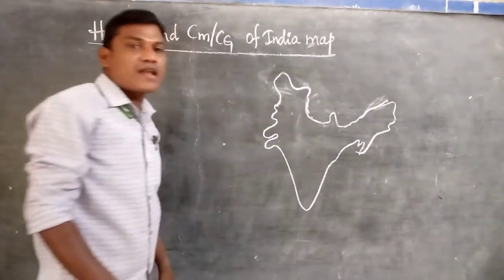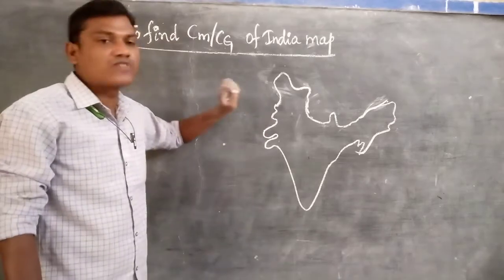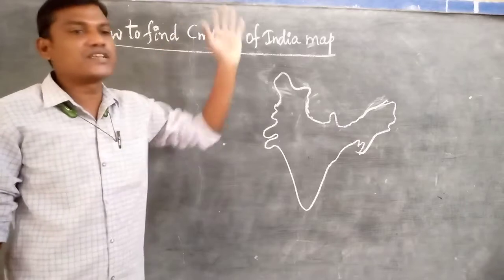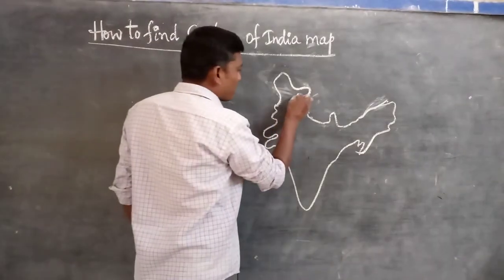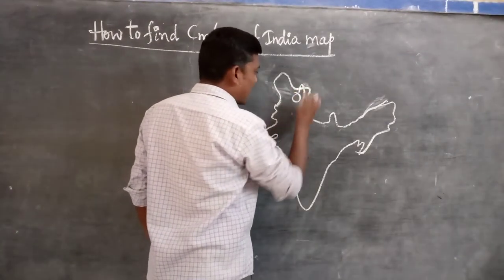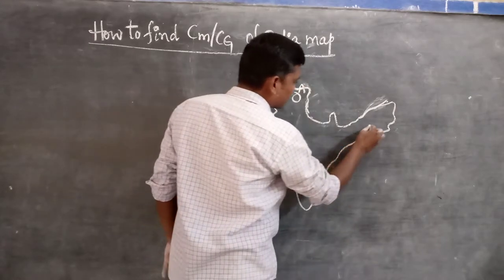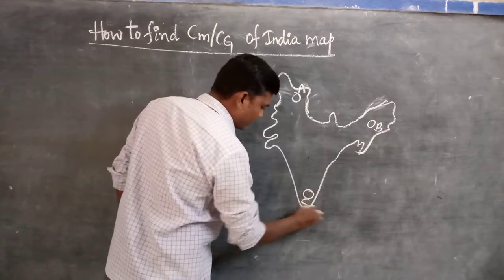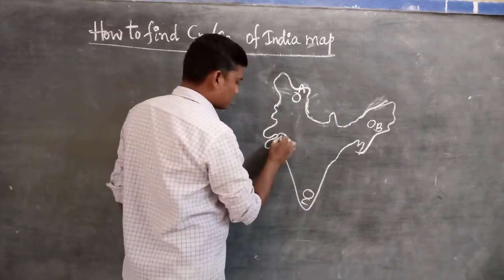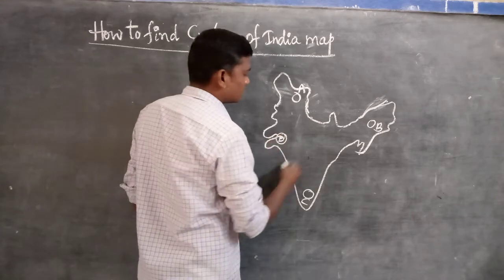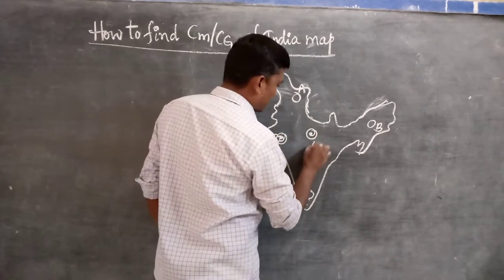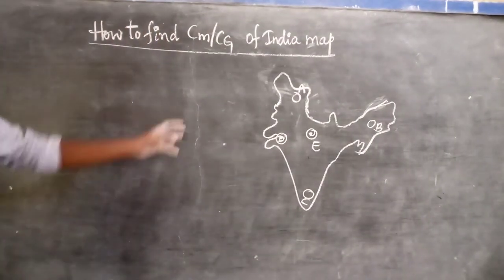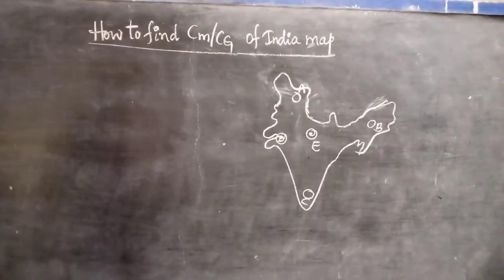First of all, after taking any irregular shaped object, you can make some tiny holes at different places. One place here is A, then B, C, D, and E. Not only like this, the number of holes is your wish.